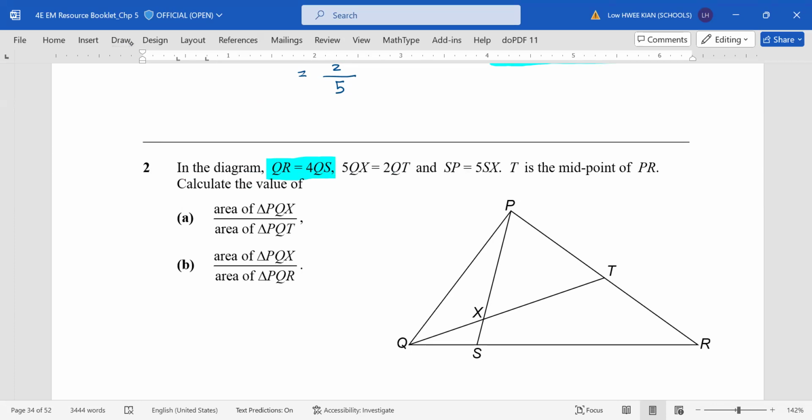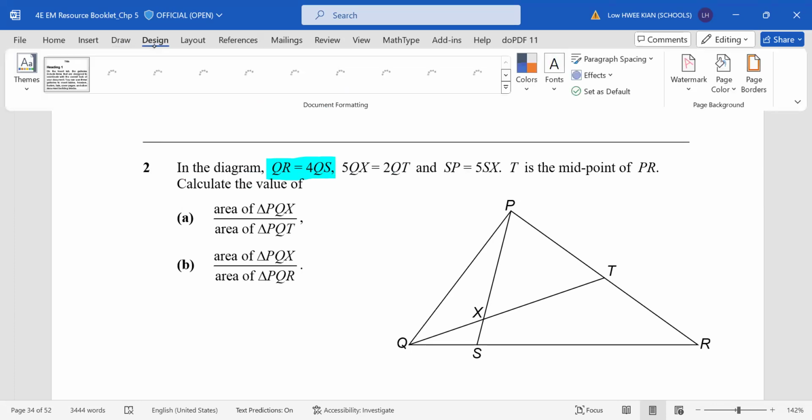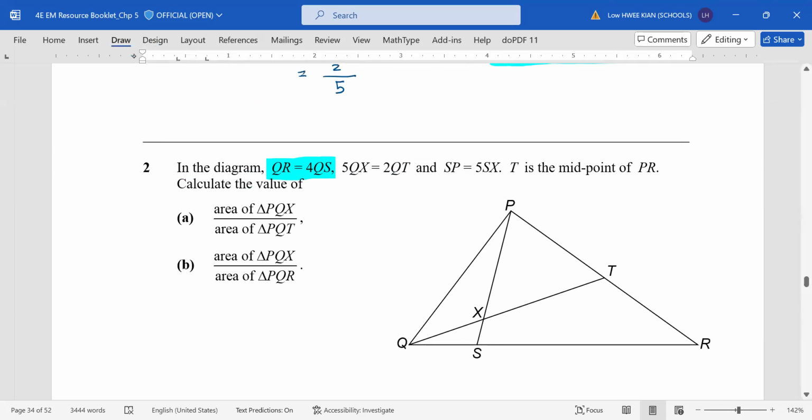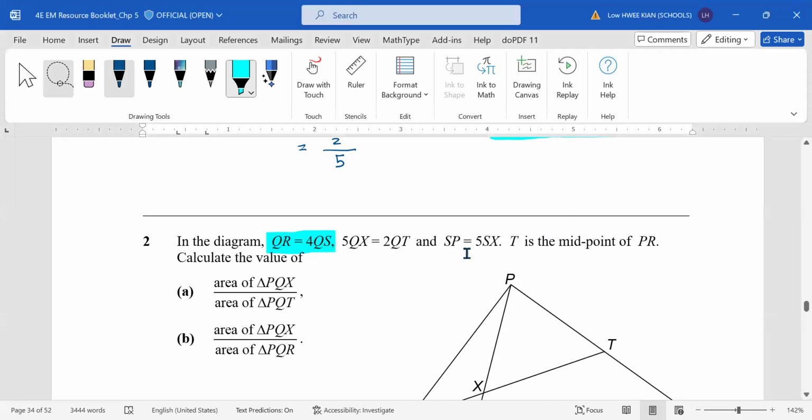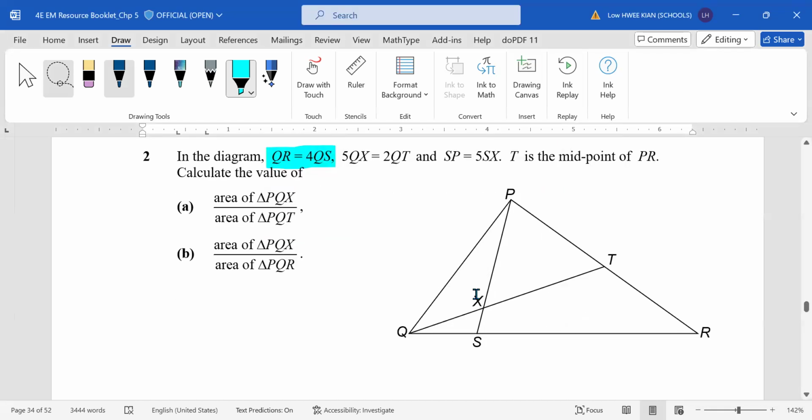So if I'm going to apply this, so let me go and write down what I have on the ratio here.